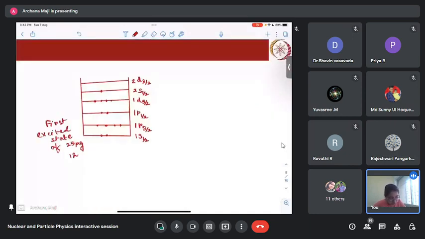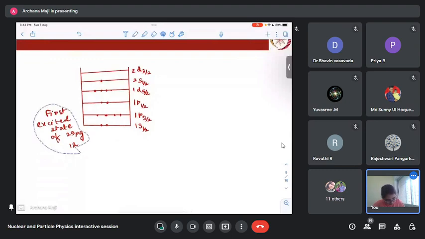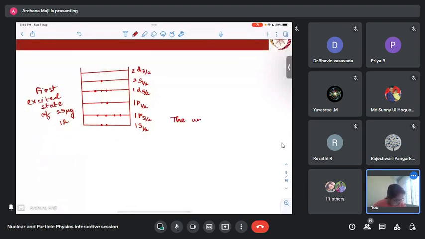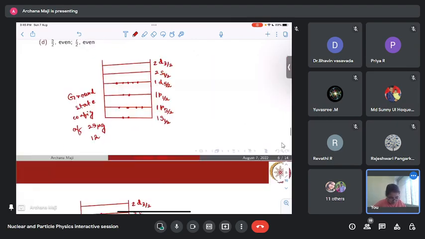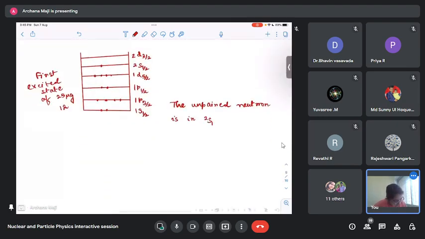The unpaired neutron is in the 2s half level, so that means the spin is 1 half.